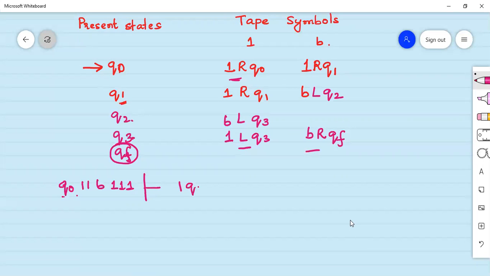So 1 Q0, 1 blank, 1 1 1. Again Q0 on 1, just move towards right with Q0 like this, isn't it? Now Q0 on blank, that blank is changed to 1. The blank third symbol has become 1.